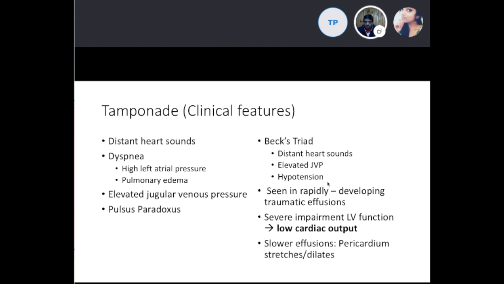In slower effusions, as I've said, the pericardium stretches and dilates, which allows more time. So it doesn't usually cause most of these signs and symptoms, but it can, so don't assume that it won't. But that's just the way I've learned it.